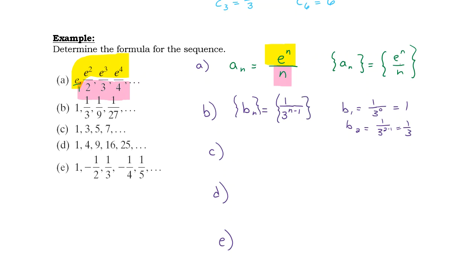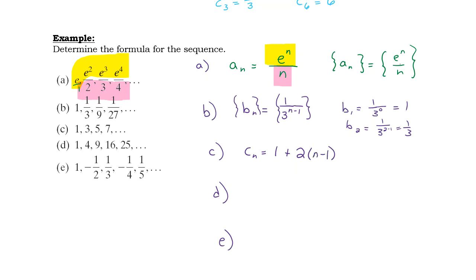Now C is growing linearly, isn't it? It's increasing by 2 each time. So remember, you're starting on 1, so this is a little bit tricky, but the way that you can make this work, since you're starting at 1 and you're increasing by 2 each time: if it was linear, you would just write 2n, but then 1 would be your y-intercept when n is 0, but we want that to be when n is 1.